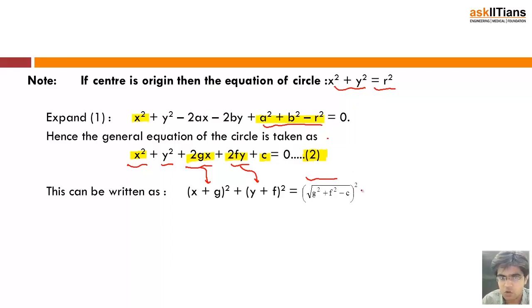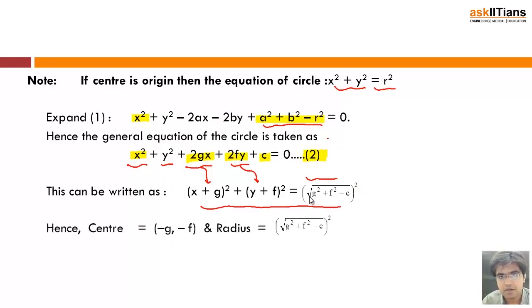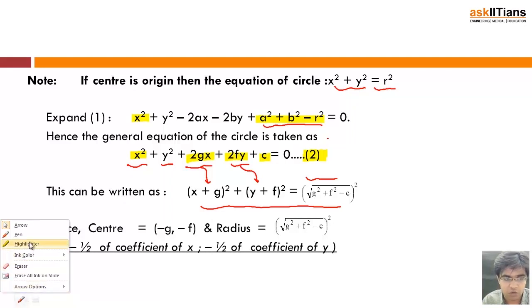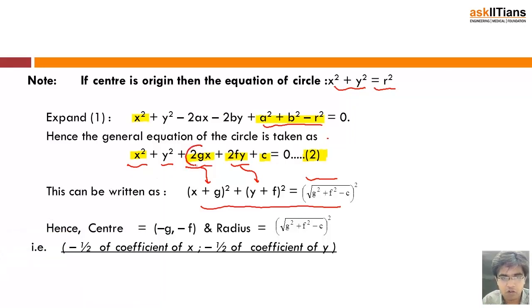If you see this equation and compare it with equation number 1, you will find that the center coordinates are minus g comma minus f, and the radius is square root of g square plus f square minus c. So if you compare it with our general equation, then what you will find is that half of negative of the coefficient of x and half of negative of the coefficient of y is your center.